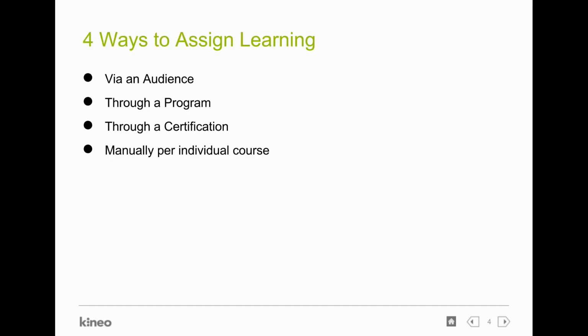It involves a lot of user interaction. And a lot of times learning plans are intended for people to actually sit down and have a conversation and decide where they have their weaknesses and what training is available for them to add to their program. So those are going to be the major ways of getting people into learning.